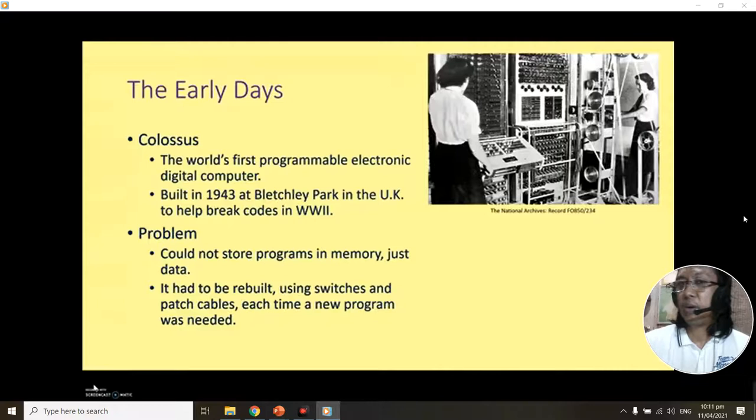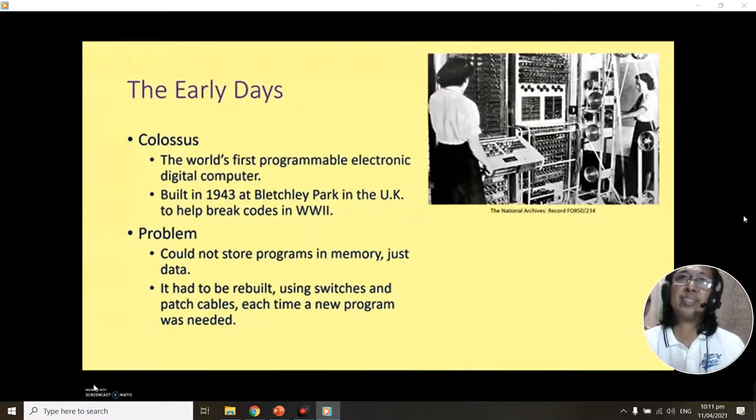And then he also mentioned the ENIAC and Colossus, and there are still some books that will tell you that the ENIAC is the first programmable electronic digital computer. But he also explained that during that time, Colossus was kept as top secret.